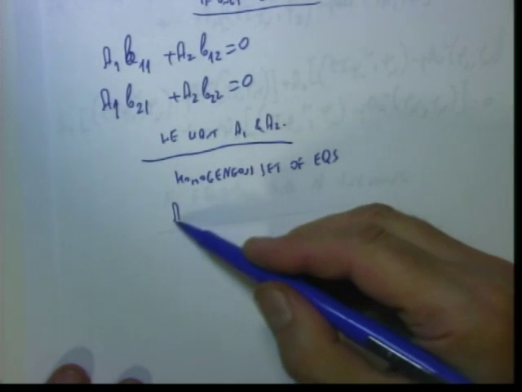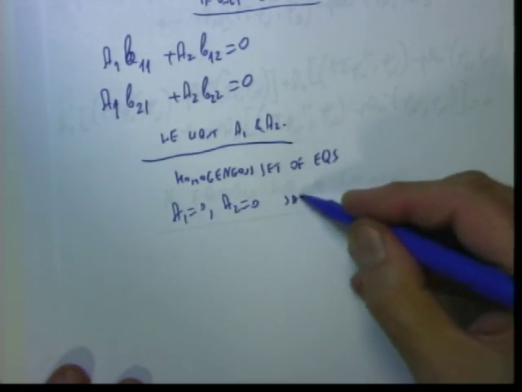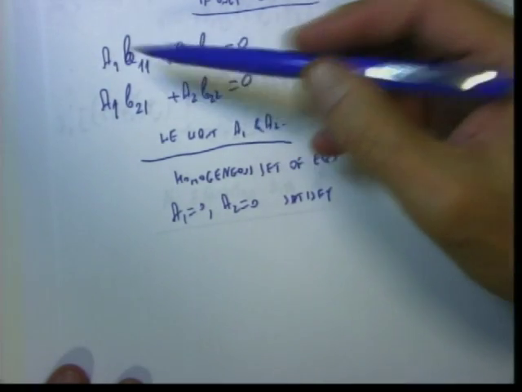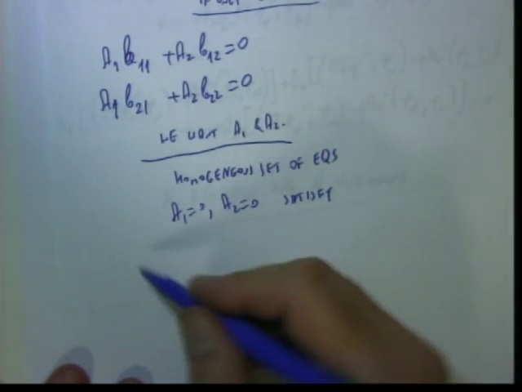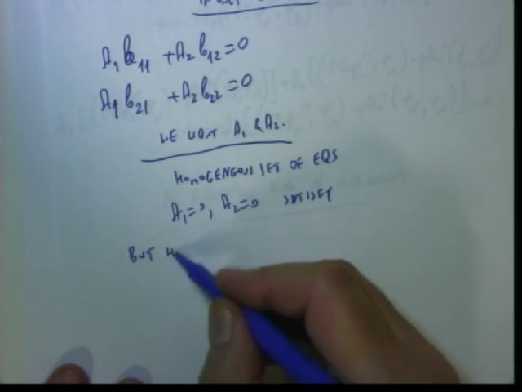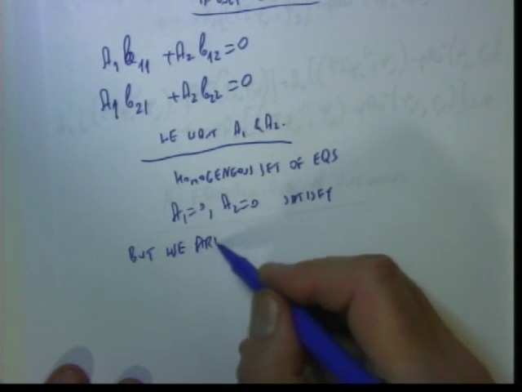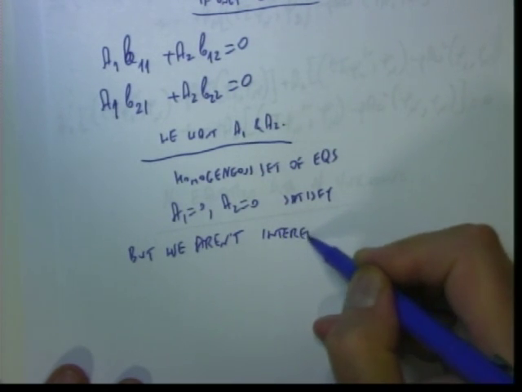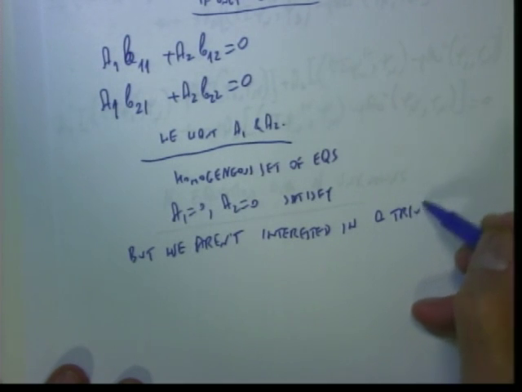Now what does it mean? A1 equals 0, A2 equals 0 satisfy. Of course, if I substitute A1 equals 0, A2 equals 0, then of course it is satisfied. But we are not interested in a trivial solution.